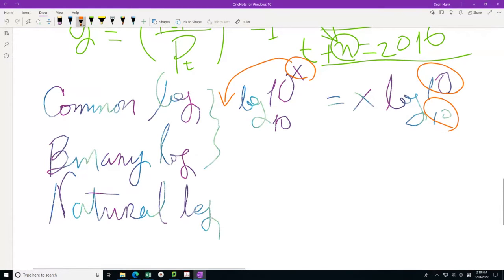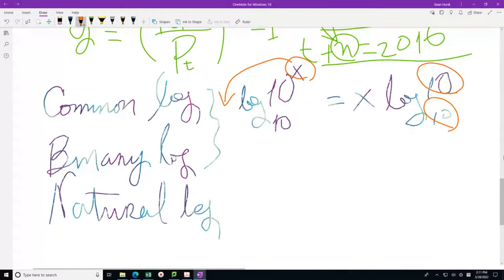But as I said, it's not impossible. It's just not very convenient when using binary log or common log, because unless the numbers we are taking the log of are powers of 10 or powers of 2, it's not easy to take the log.